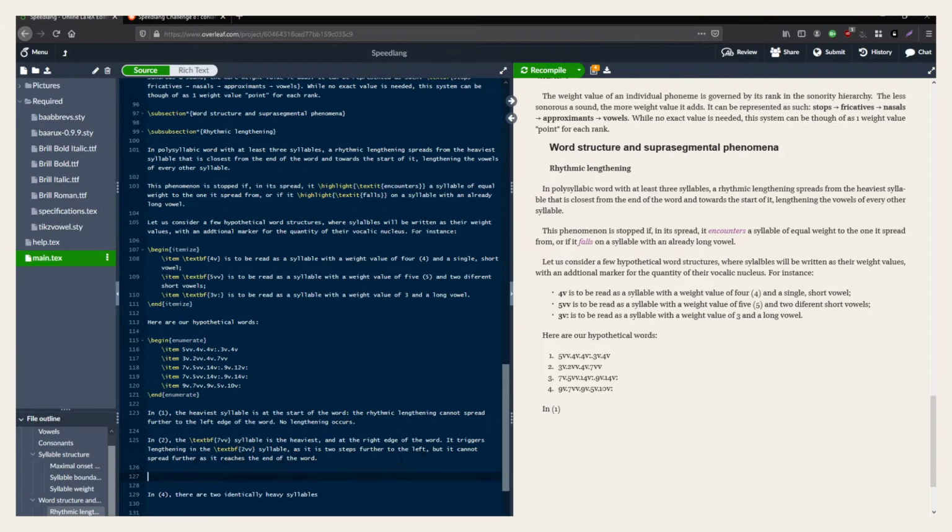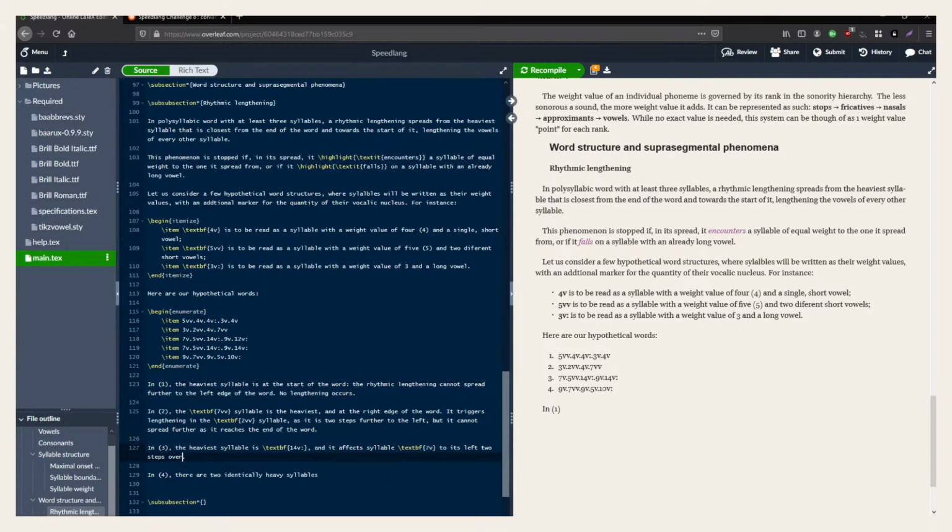That's 4 now. So in 3, and it affects (7V) to its left, 2 steps to the left, actually.